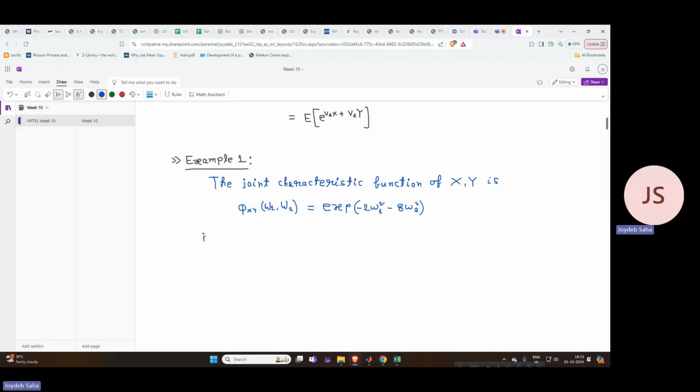Question 1 of example 1: check whether x and y are zero mean random variables.